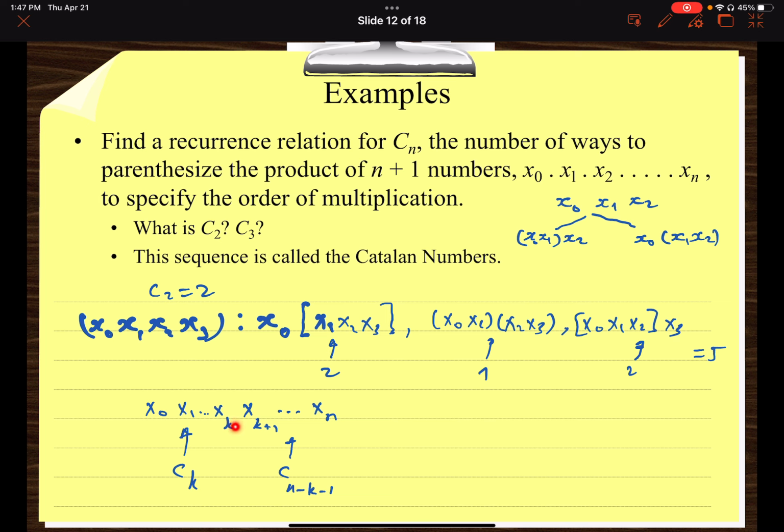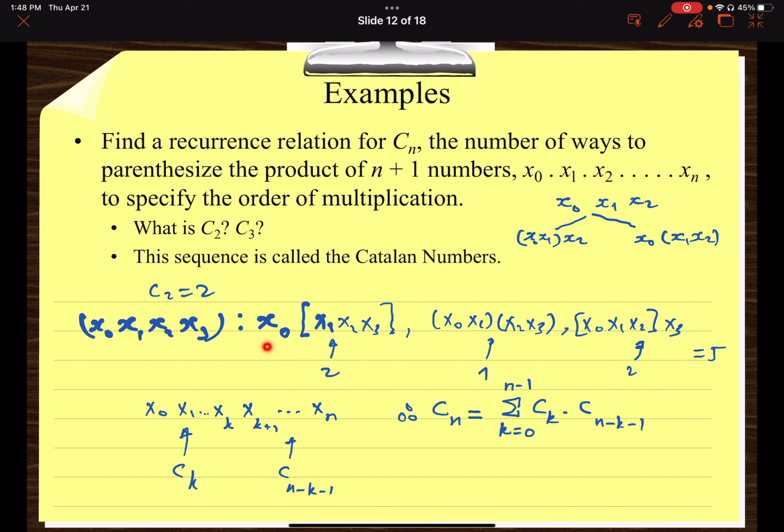So if you want to do all the parenthesizations, we need to consider all values of k starting from 0 up to n minus 1. Therefore, Cn is nothing but the summation of Ck times C of n minus k minus 1, where k goes from 0 up to n minus 1.